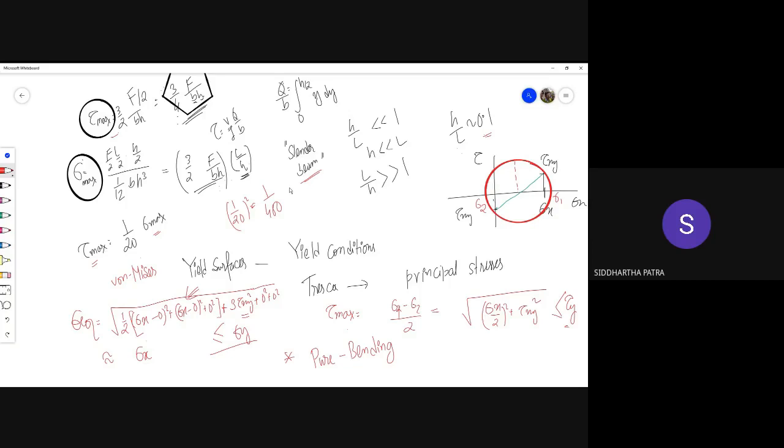Of course, the sigma max and tau max do not happen at the same location. So the comparison can be with respect to sigma x with sigma y. Now this sigma x is the normal stress in the x direction, and this sigma y is the yield stress. And if it does confuse you, let's call it sigma yp.